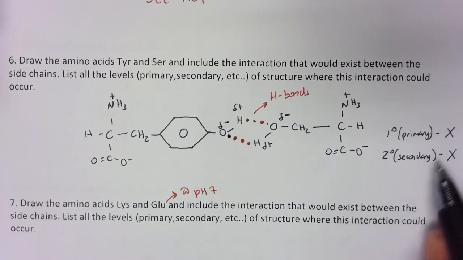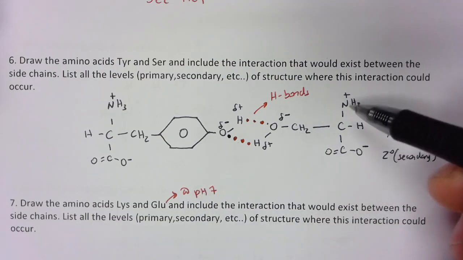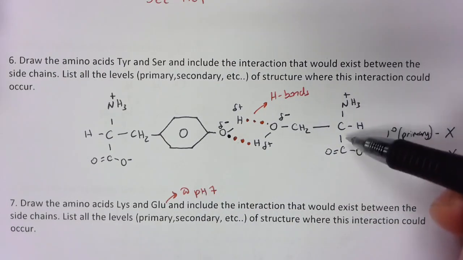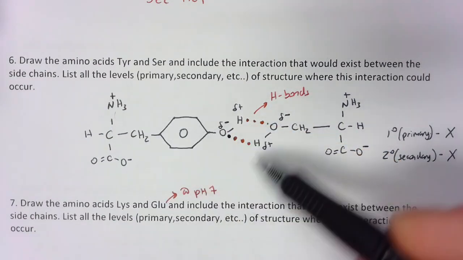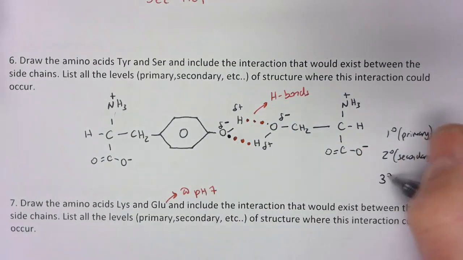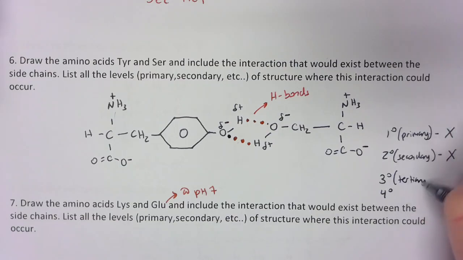Remember, the secondary will only involve the backbone, and the backbone is this part. And this part does not include the side chains. However, with tertiary and quaternary, yes, both of these can occur.